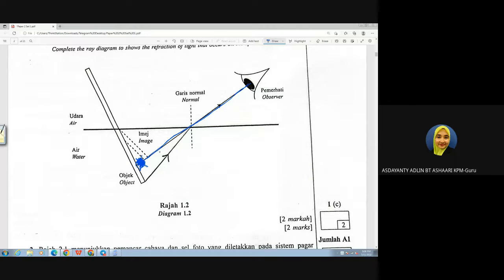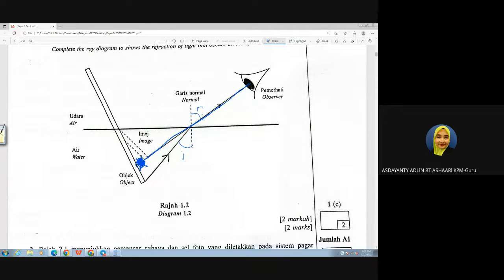And then, where is the position of the object? We know the position of the object is below the image. So we draw a straight line from the object to the normal line, where we can see that this is the incidence angle i, and this is the angle of refraction. The angle of refraction is away from the normal line because this one is air, so the medium air has lower density.